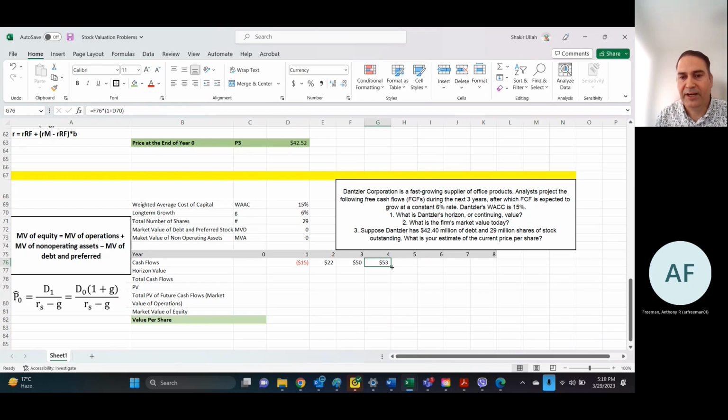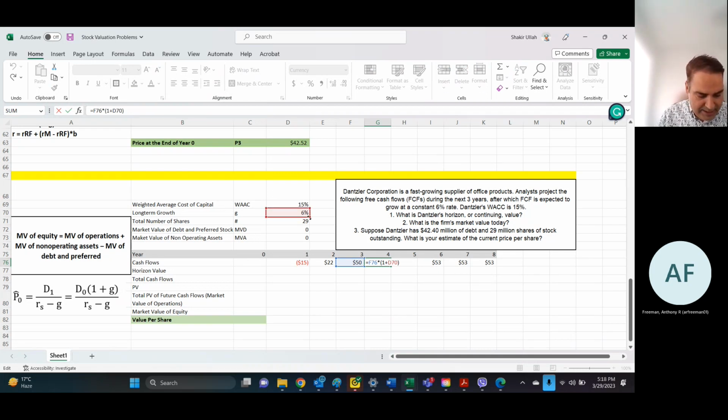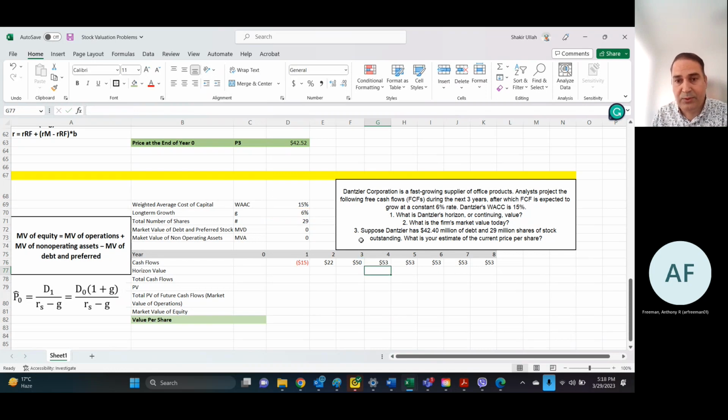And if you would like to find the rest, you can drag it, and that continues. The problem here is that I am giving a reference to this growth rate, and I need to put those dollar signs so that when I drag the cell to the right, that reference does not change, you see. So the year 5 cash flow would be $67.